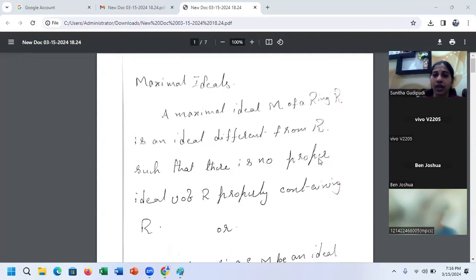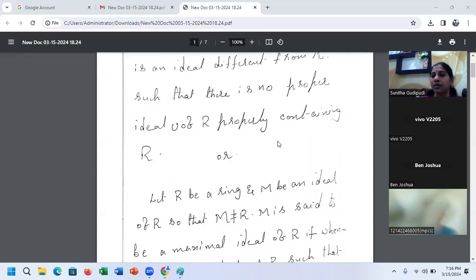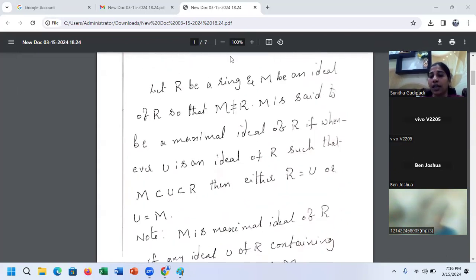So how do we define it? A maximal ideal M of a ring R is an ideal different from R such that there is no proper ideal U of R properly containing M. Or the other way to define this: say R is a ring and M is an ideal of R, so that M is different from R. When do we say M is a maximal ideal of R?